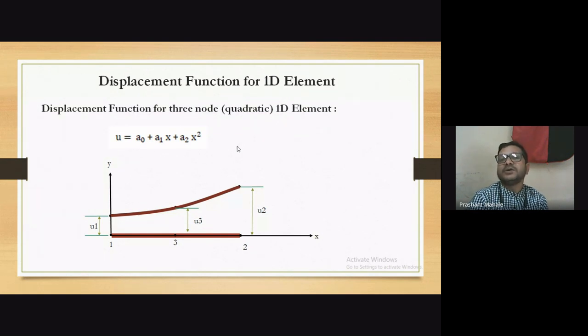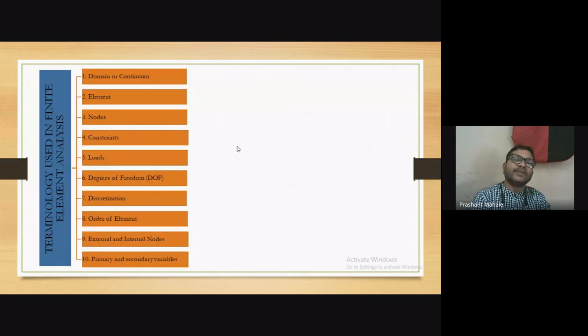This type of element with three nodes instead of two will give you the detailed and actual displacement. So for more accuracy, you have to increase the number of nodes. Because this was completed in the previous session, I am going forward to the next important point of this unit.